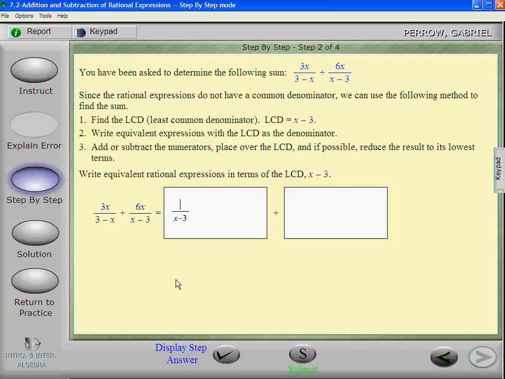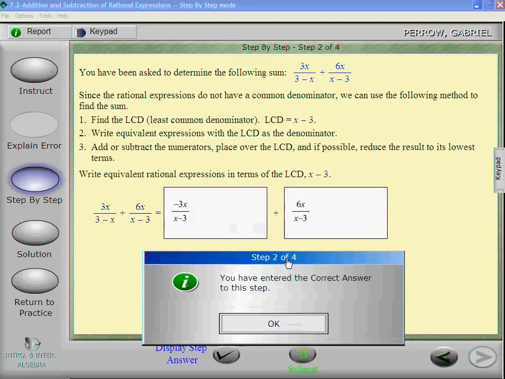Well, if you're multiplying by a negative 1 on the bottom, it's like multiplying by a negative 1 on the top. So this first fraction can become negative 3x over x minus 3 instead. The second fraction is fine the way it is because it's got that common denominator, so no changes need to be made. You got x minus 3 there.